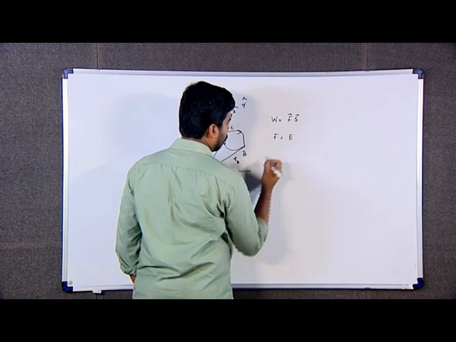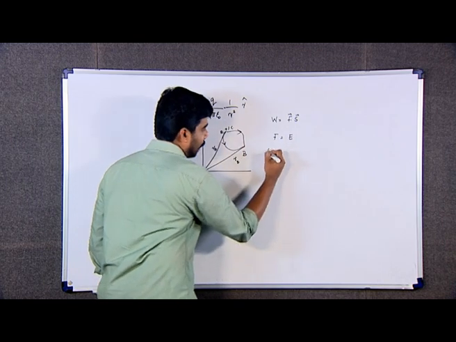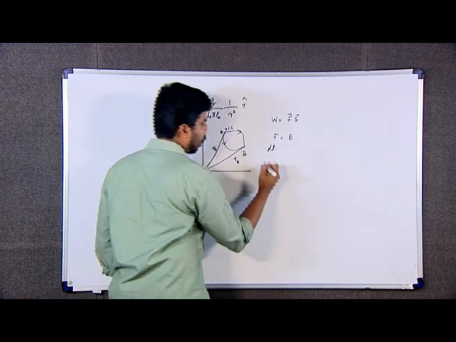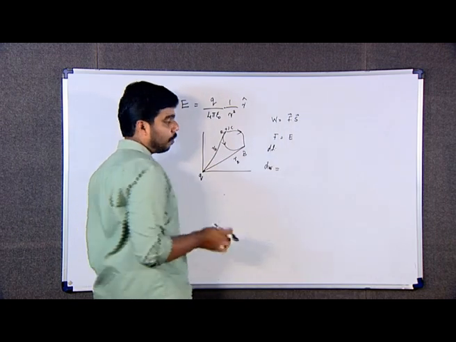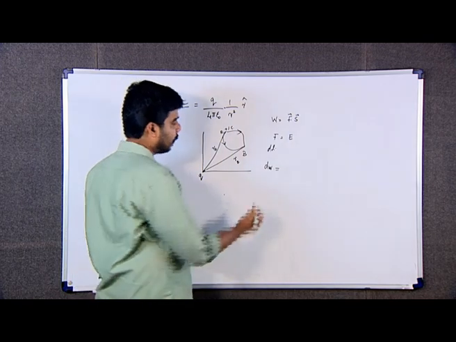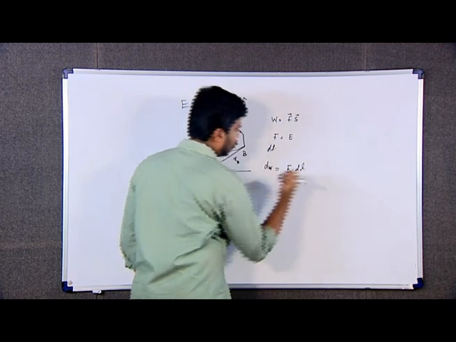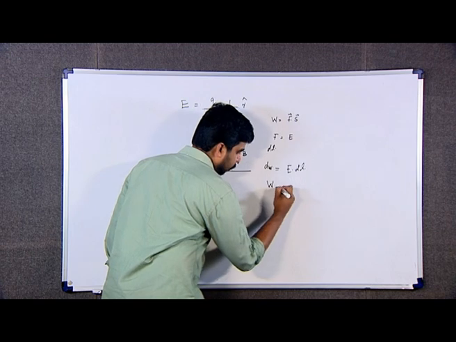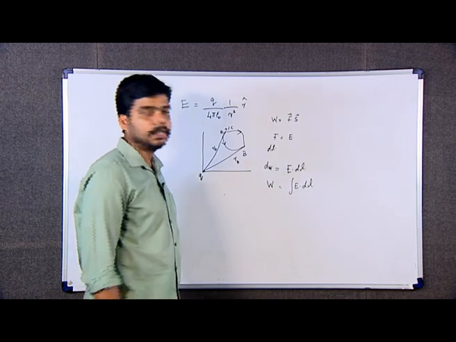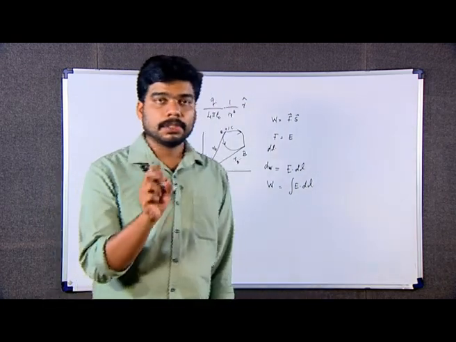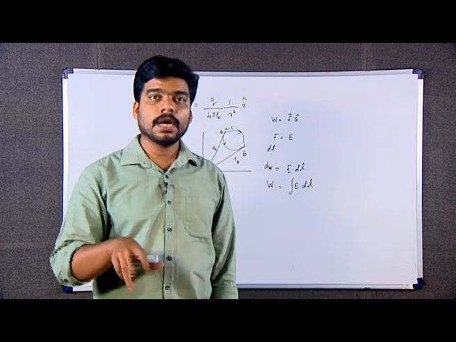If the charge is moving through a small elementary length dl, then the small work done is dw equal to E dot dl. So, the total work done must be integral E dot dl. Here dw represents the small work done and the integral will give you the total work done.